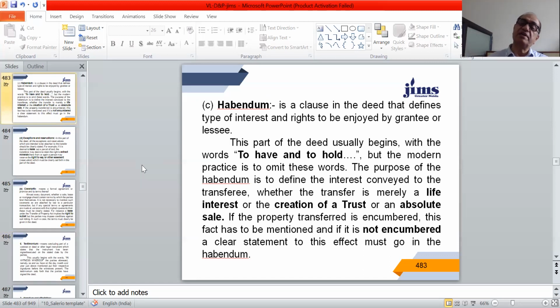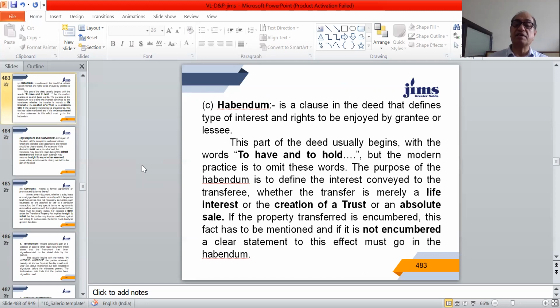Sometimes I am transferring only a life interest in favor of my unborn child. I can do that according to the provisions of the Transfer of Property Act. Or I may create a trust also. Or I may execute an absolute sale deed also. So this has to be very clearly mentioned in the deed.